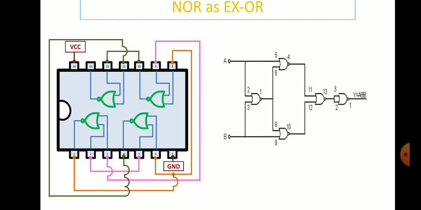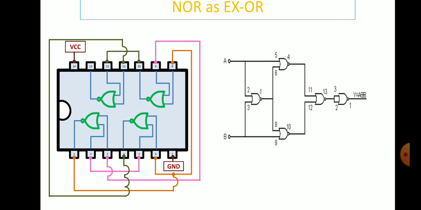A NOR gate IC or NAND gate IC consists of 4 gates. But actually on the right-hand side of the circuit diagram we need 1, 2, 3, 4, 5, 5 gates. With 5 gates only we can construct an XOR gate with the help of NOR gates.